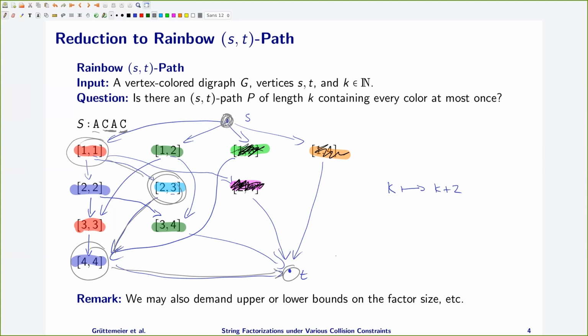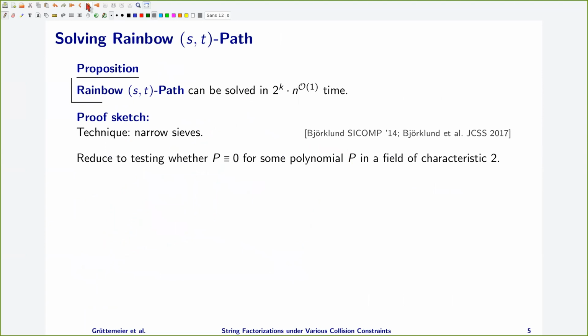Okay, so this is the construction, and now what remains to do is we need to discuss how to find this path, and you can do that in 2 to the k time by using this narrow C's technique. It's an algebraic technique, and roughly speaking, what you do is you reduce the path finding problem to a problem of testing whether some polynomial is identically 0 in a field of characteristic 2.